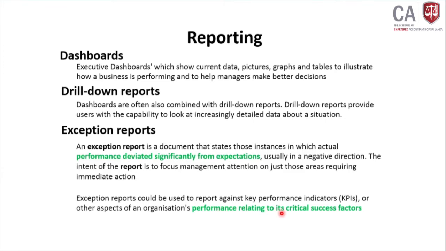Let's say when you see the details in the dashboard, it can be shown in red color. So you know that it's an exceptional report. You click on that, and the exceptional report will show why the product sales went down in April. Maybe due to coronavirus or due to disaster or some kind of things can happen.